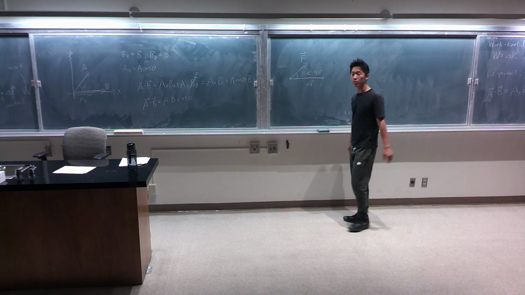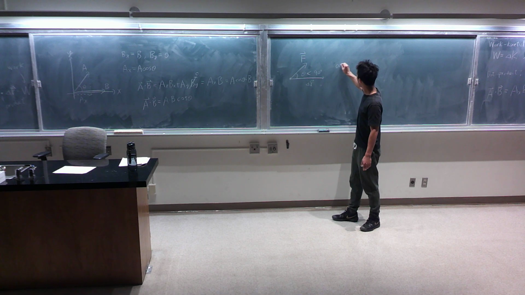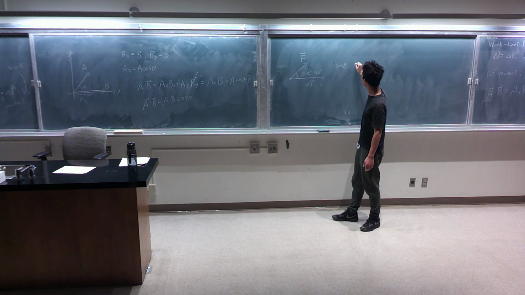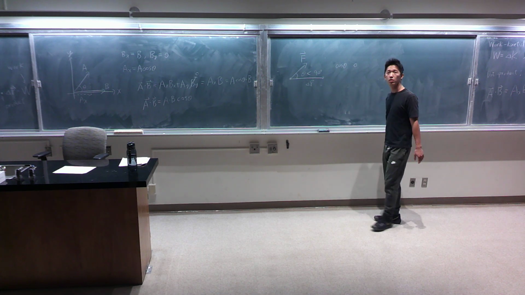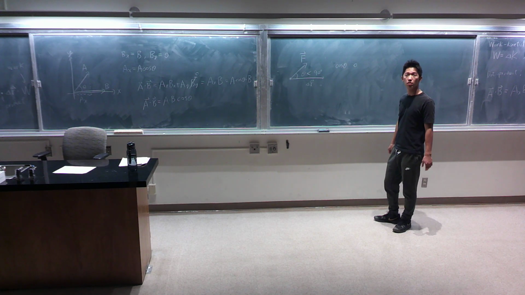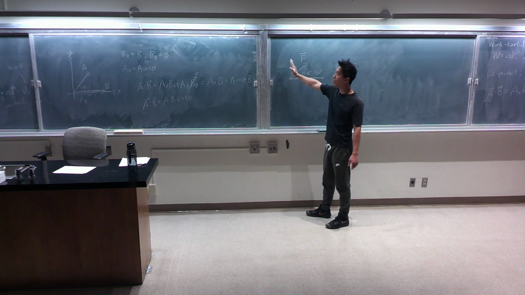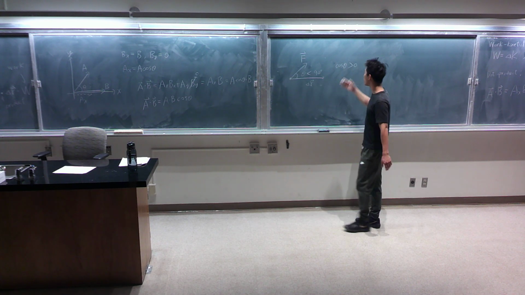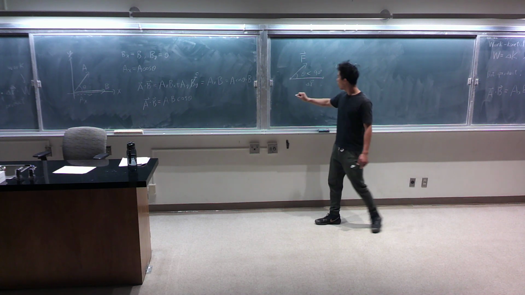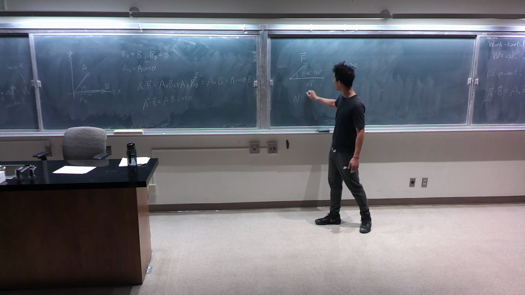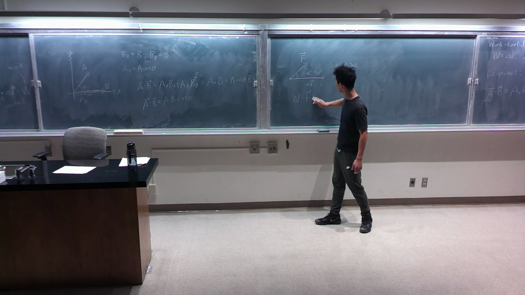So if the angle is smaller than 90 degrees, will cosine be positive or negative? It's positive. It will be 1 when it is 0, and it becomes 0 when it's 90 degrees. But anyway, it's going to be positive. So the work done by this force will be positive.